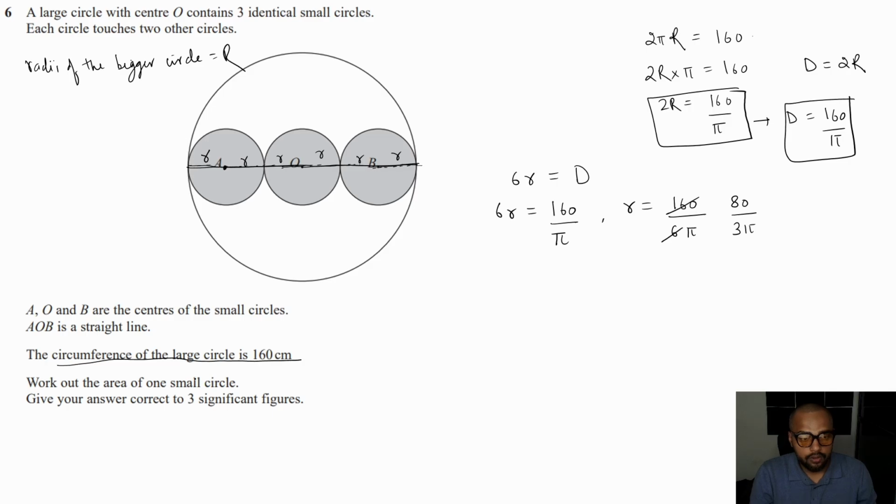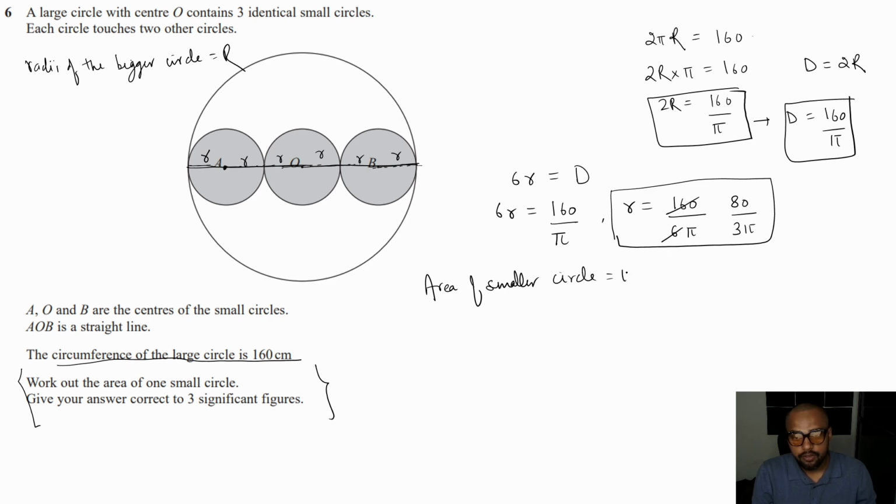Now they have asked us to work out the area of one smaller circle. We have got the radius of the smaller circle, students. So the area of the smaller circle will be equal to pi r square.